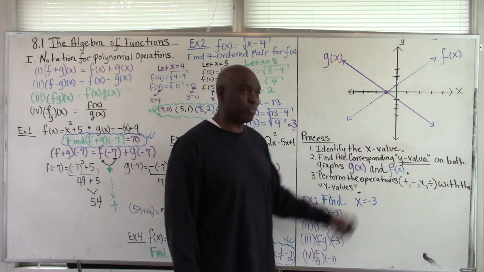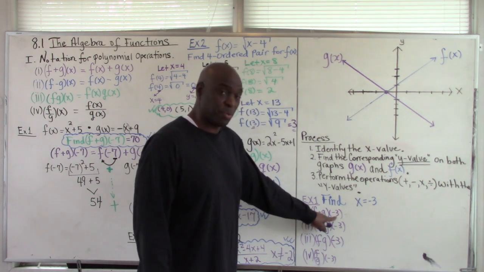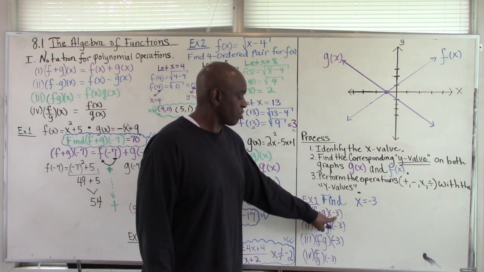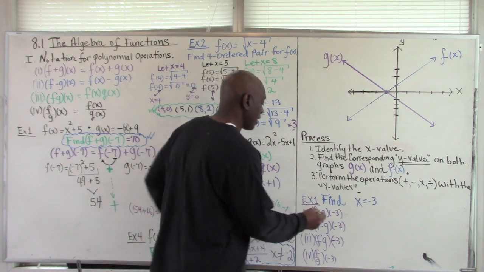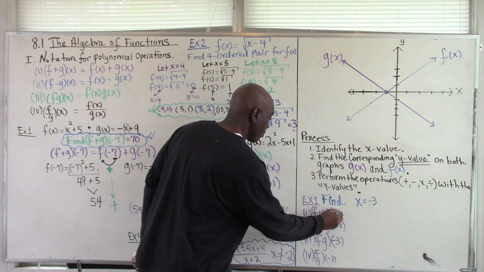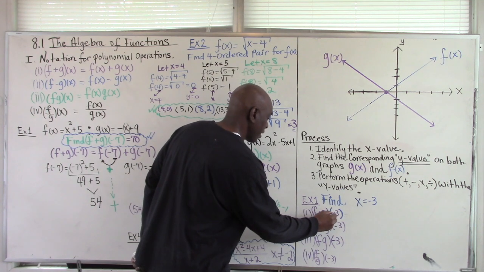Identify the x value. That is the x value right there. Mr. Wright, how do I know it's the x value? Look where it is. Check it out. It's right here. Negative 3.